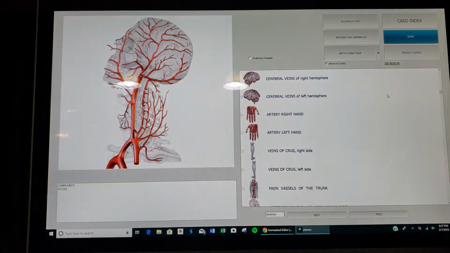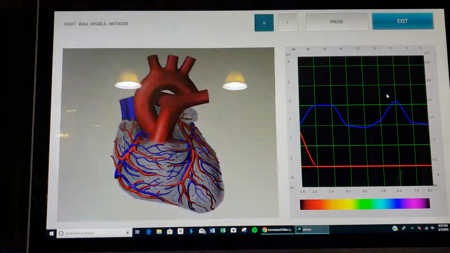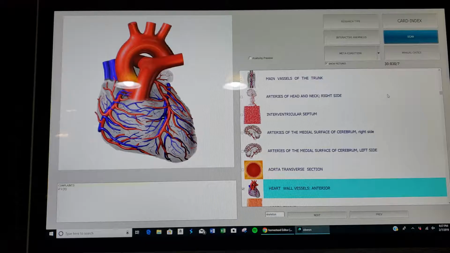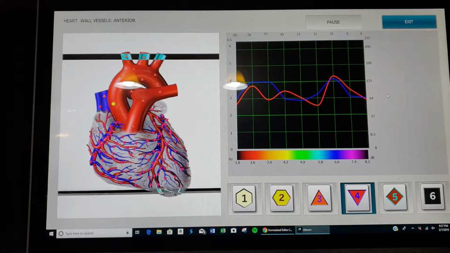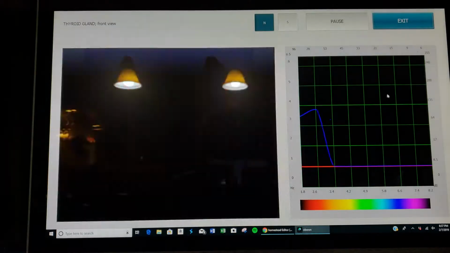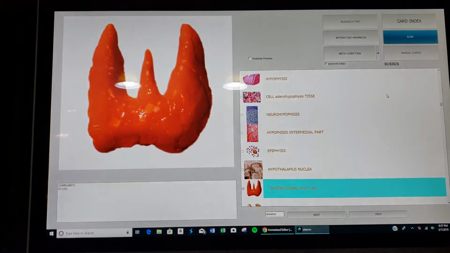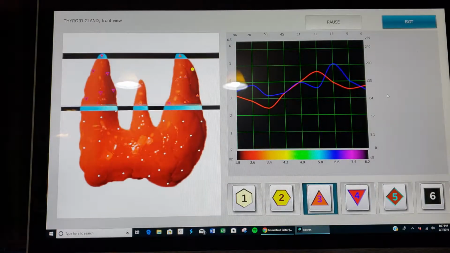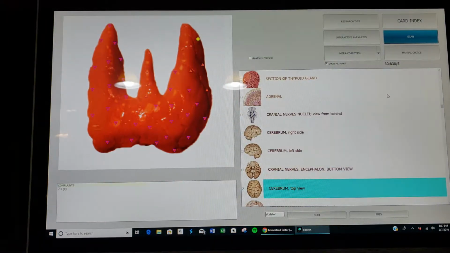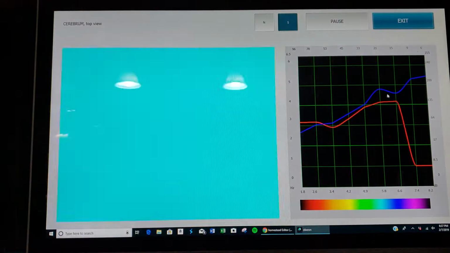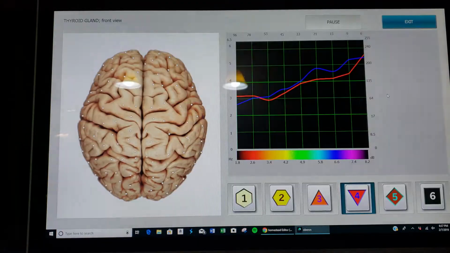There are over 843 organs, tissues, body parts, bones, DNA, chromosomes, blood cells, and various tissues that can be scanned with the Bioanalyzer.